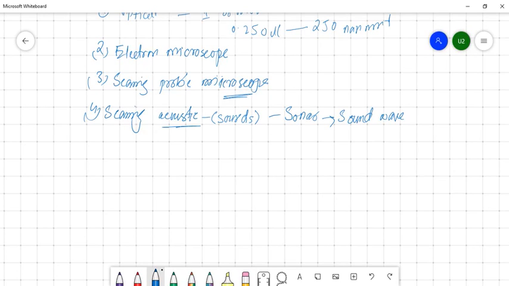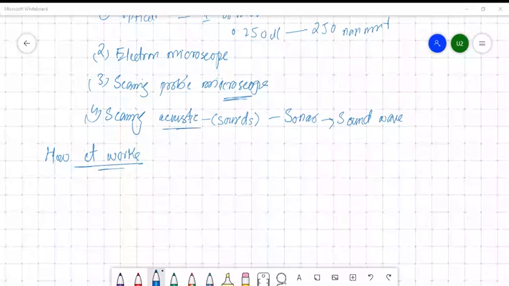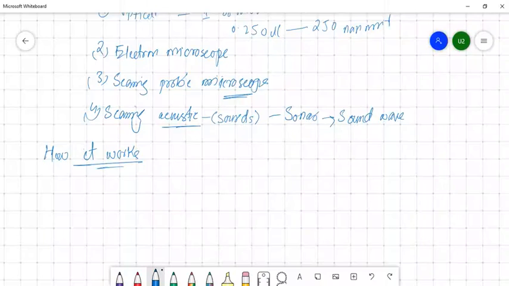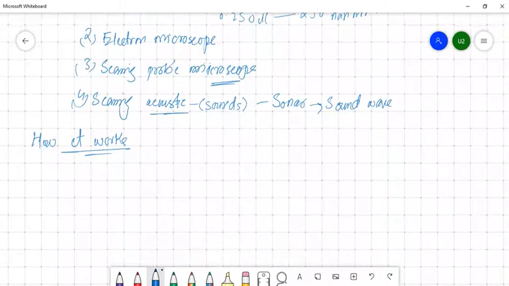Now, how it works. We are going to discuss the function of microscope. So we'll be discussing about first simple microscope.